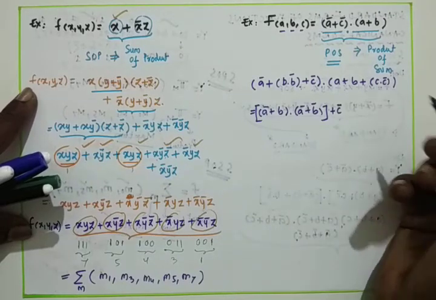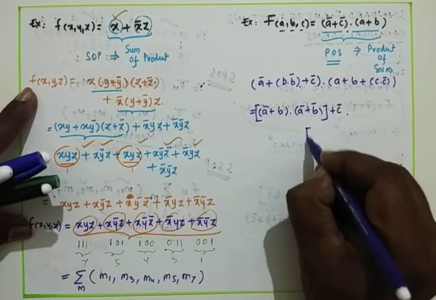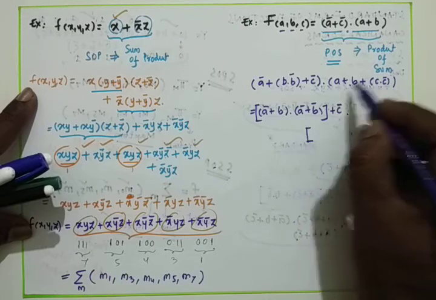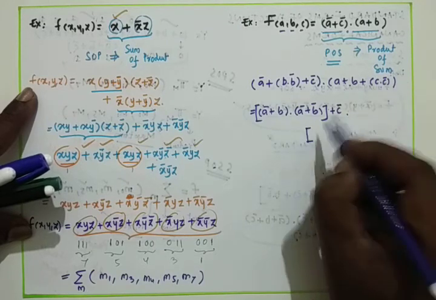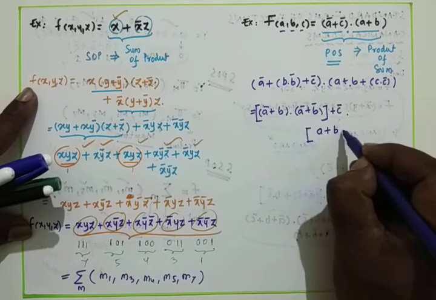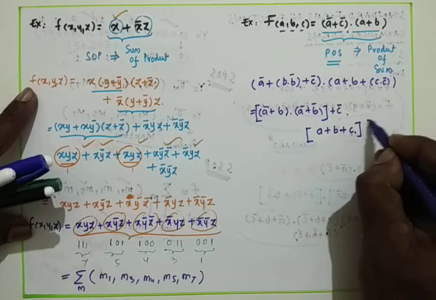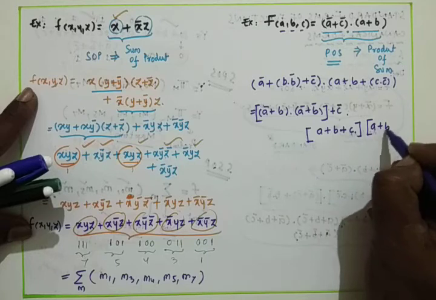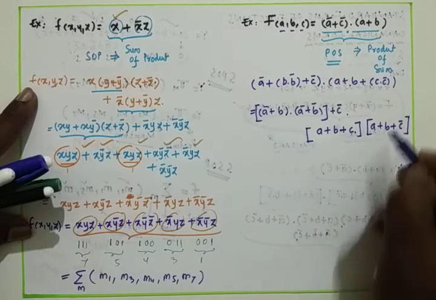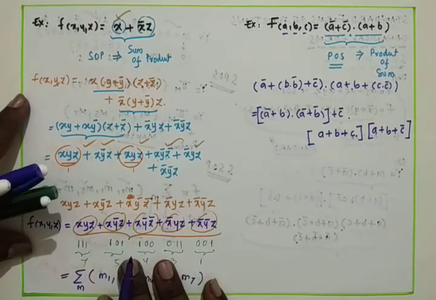And coming to here, multiply this one: A + B into C gives A + B + C. Second one is A + B + C̄, A + B + C̄.